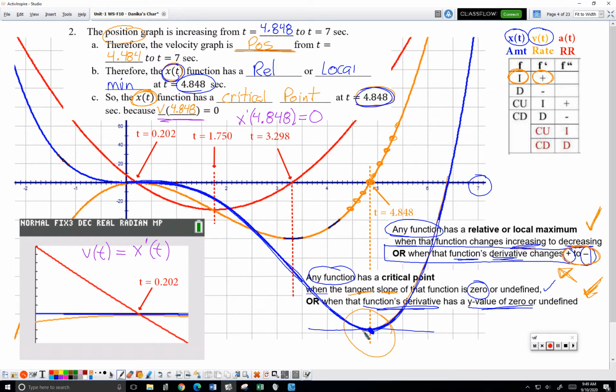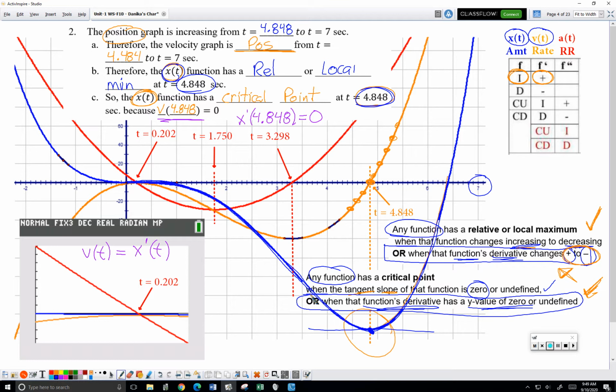And so you have to remember this part of the definition. I'm going to go find where position has a critical point by identifying where position's derivative has a value of 0. So I look at my velocity graph and say, yep, right there. That's not where velocity has a critical point. That's the time where position has a critical point.